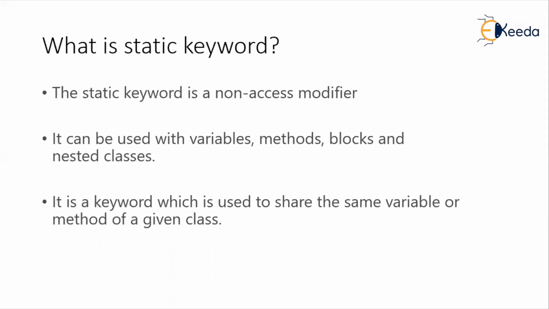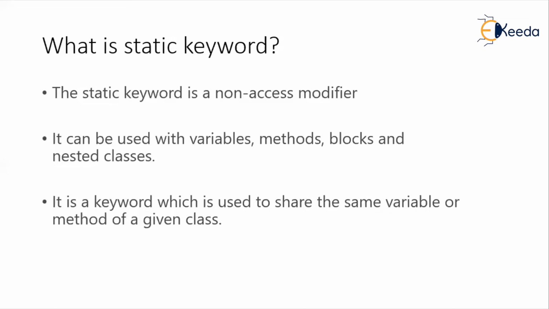What is the significance of using this static keyword? What we have seen so far is, whenever we are creating a class and specifying instance data members, every instance has its own copy of instance data members.